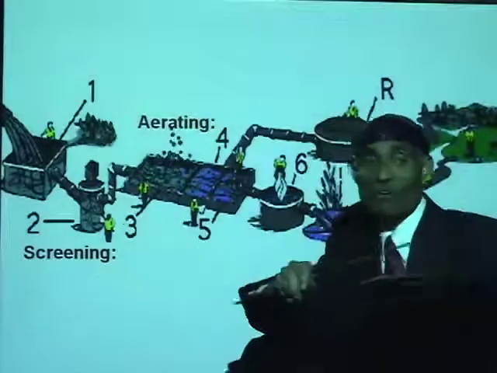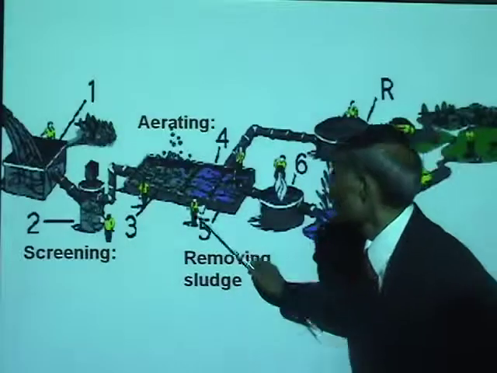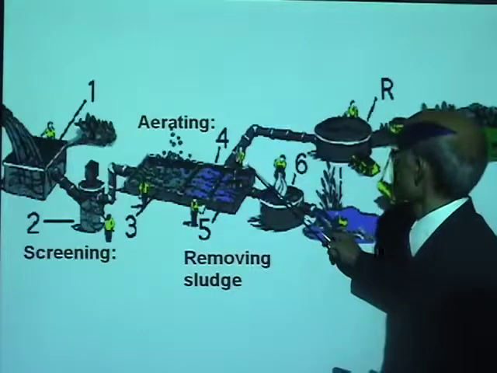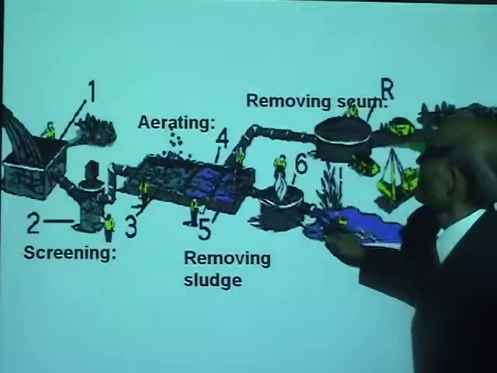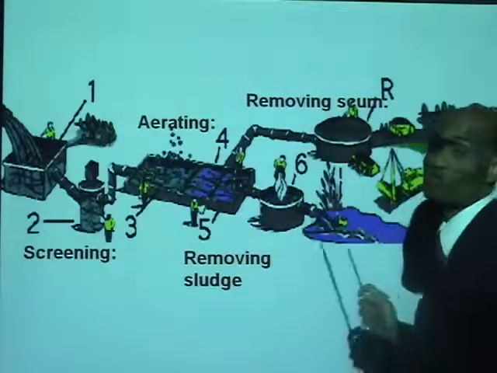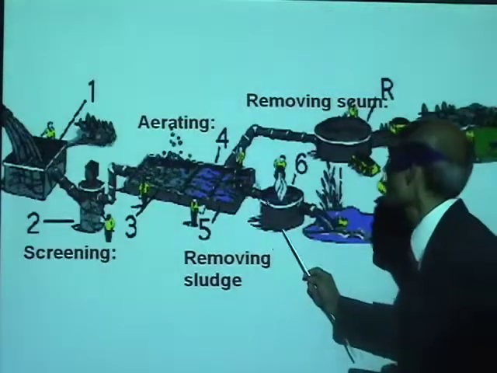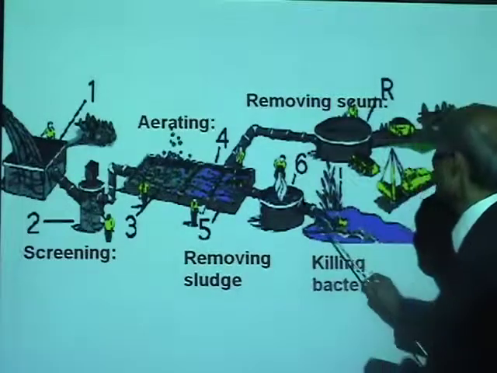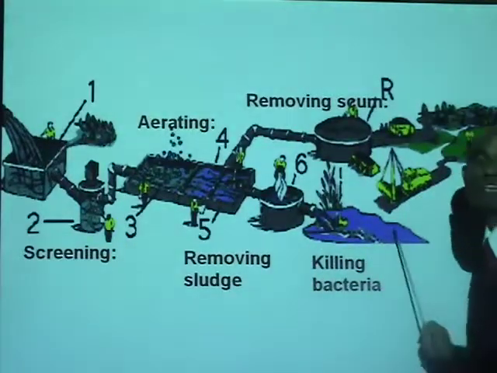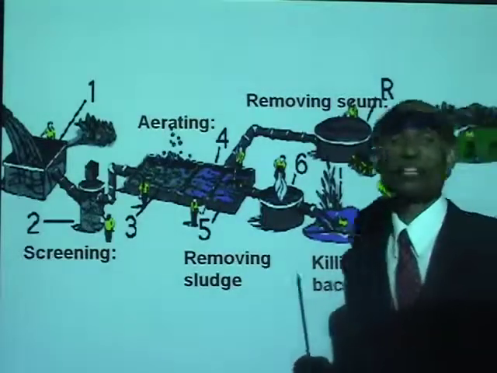The next thing is aerating in an open basin so that the sludge will settle down, and then removing the sludge and the scum. All that sludge is processed and goes into farms for agriculture, for manure and so on. And the water is drained, you treat it for bacteria and then pump it into streams or lakes, and then it is clean, it is harmless.